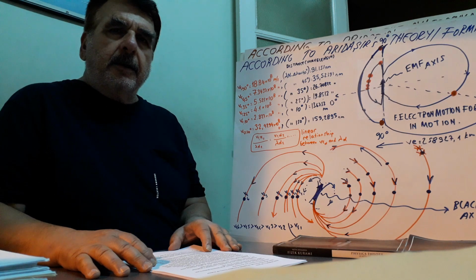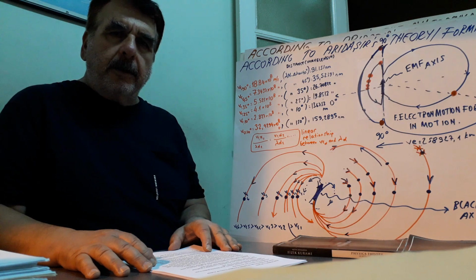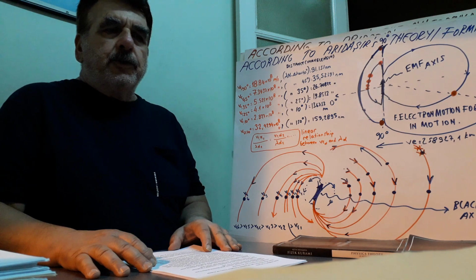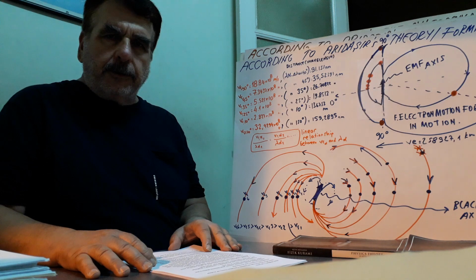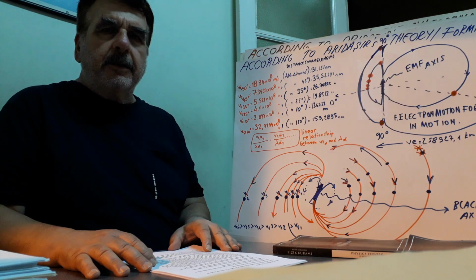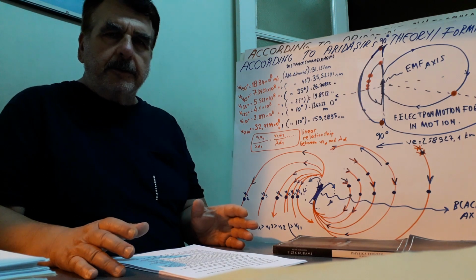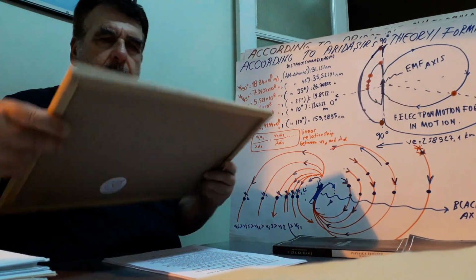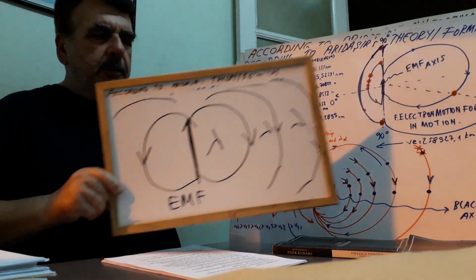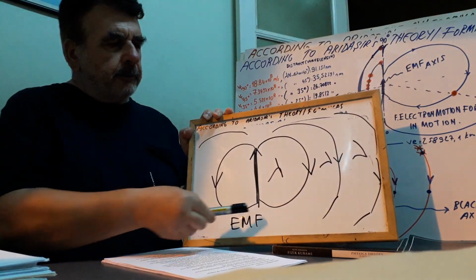But black holes are giant electron motion forms also. They have a big radius or wavelength. Here, a two-dimensional electron motion form. This is the motion arrow.